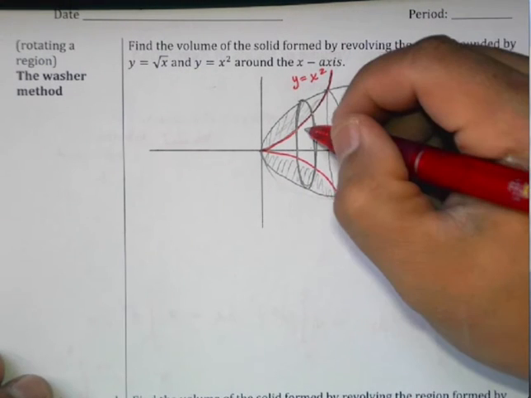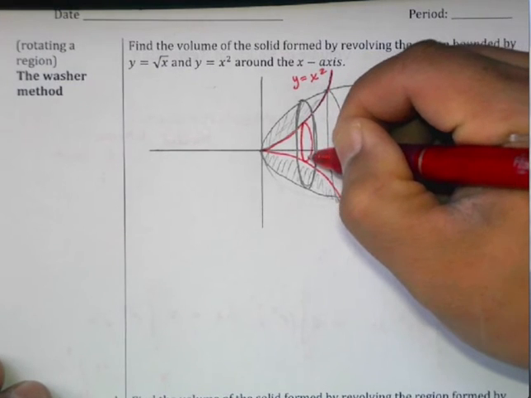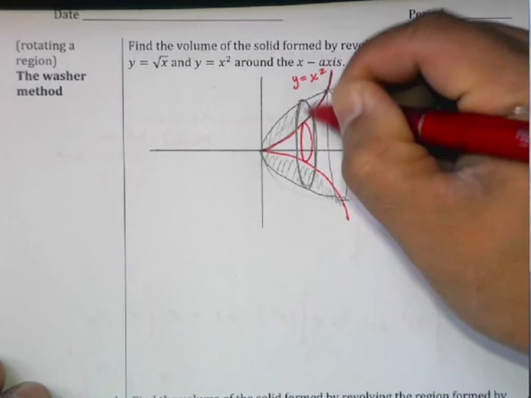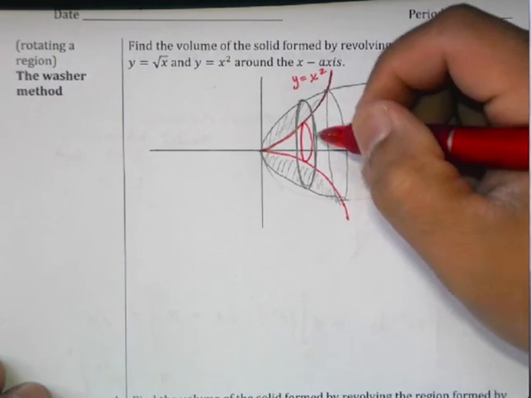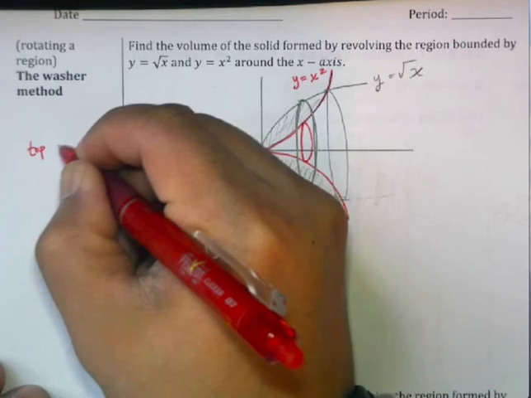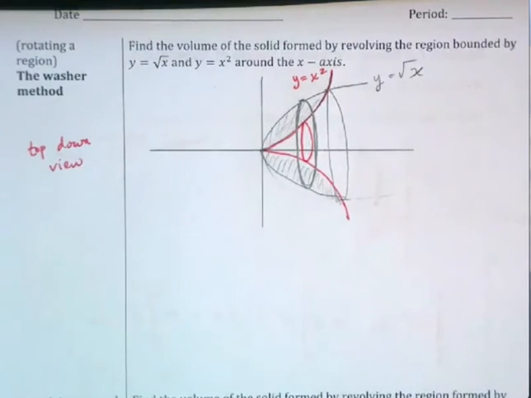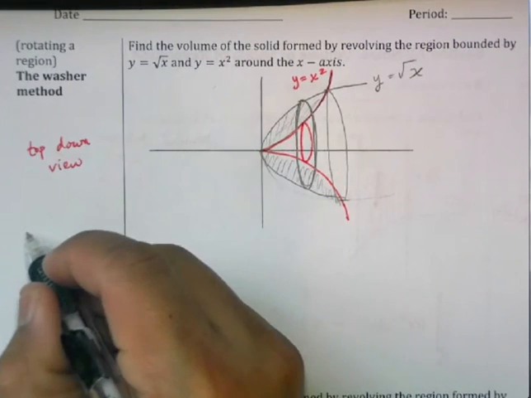So if you take a slice of this, what you really have is like a washer, hence the name washer method. You have a circle, and then you're cutting out a little circle in the middle of that. So maybe it's easier to look at this from the top down, or like a bird's eye view of what this glass looks like.